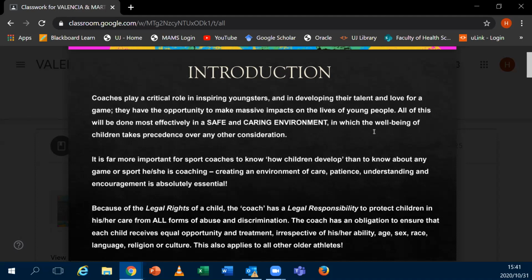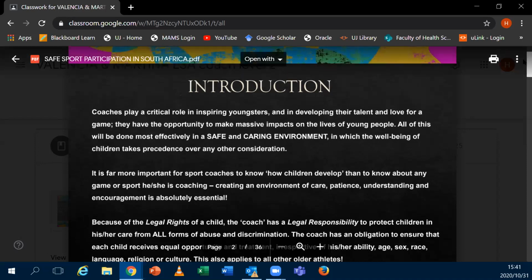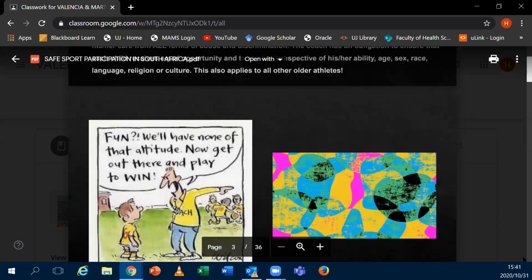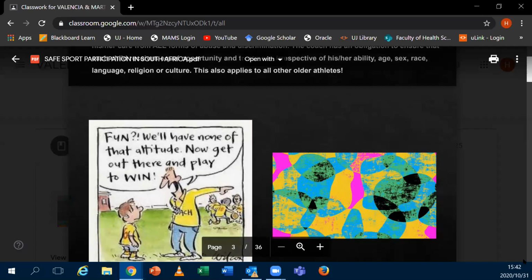And it's not just for your nippers and your youth. It's also for your older athletes as well. So please, when we're talking about safeguarding, it's not just for our kids, it's also for our older athletes as well.